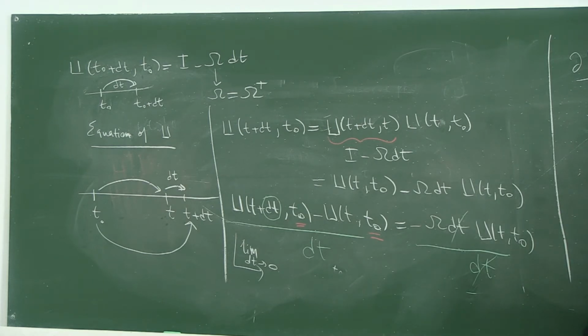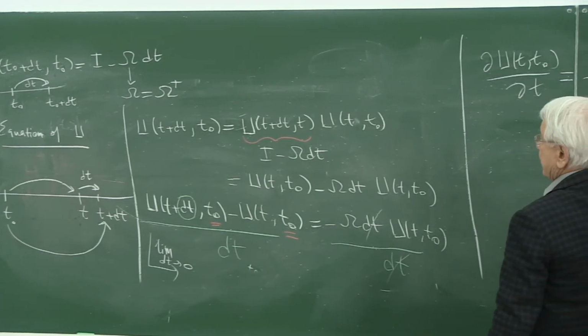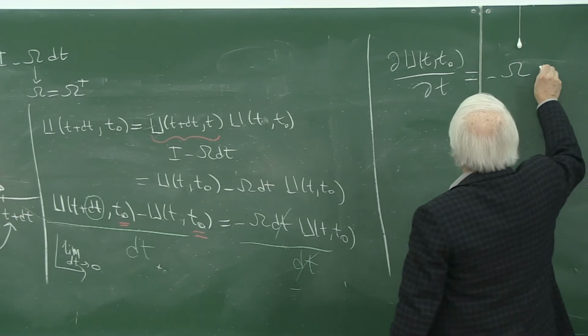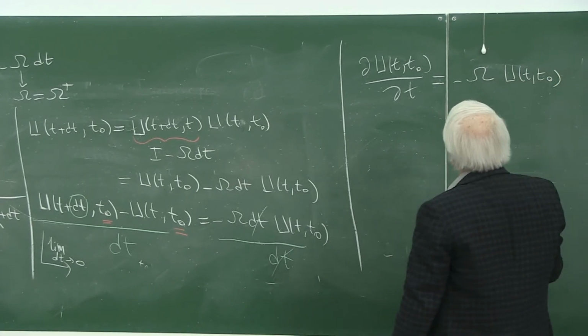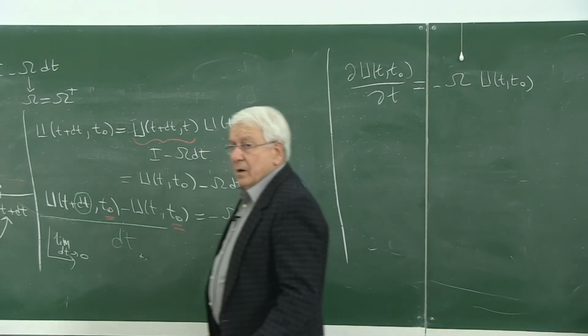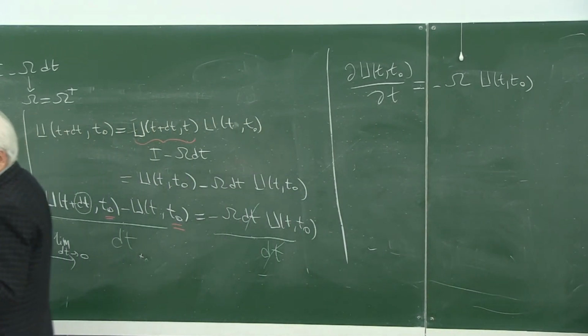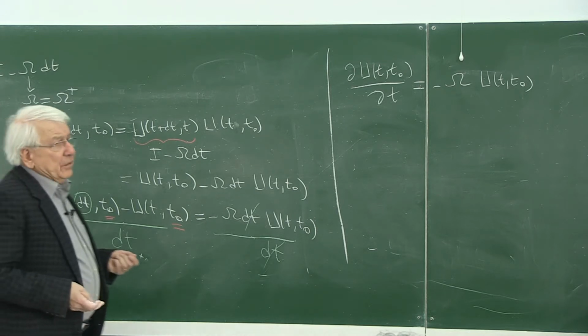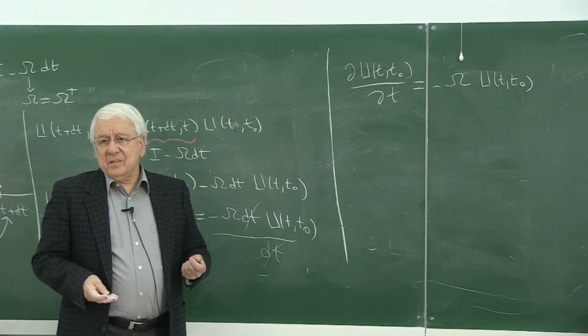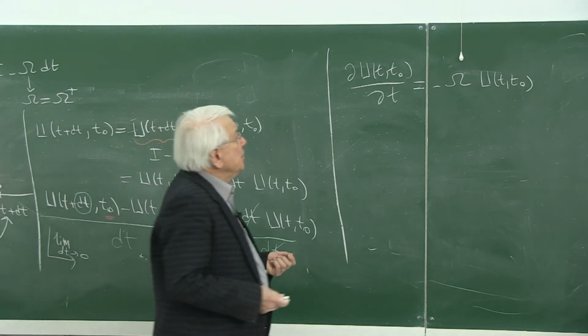And the right-hand side is minus omega U(t, t0), correct? So this is a differential equation satisfied by the U. Of course, for these differential equations to make sense, we have to give a boundary condition.